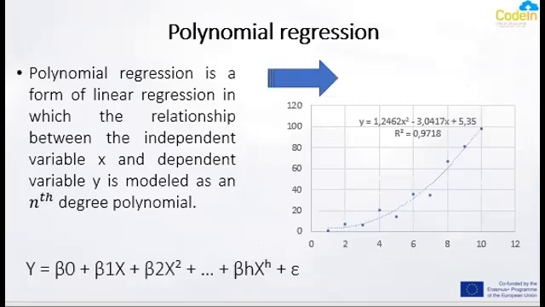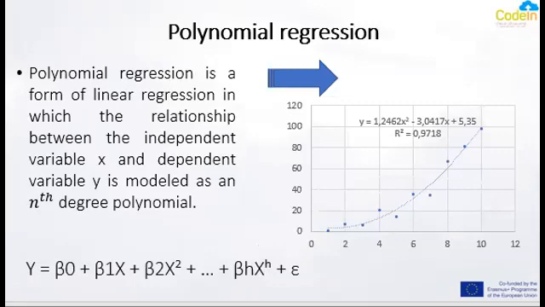Polynomial regression is a form of linear regression that can capture nonlinear relationships between variables by fitting a nonlinear regression line, which may not be possible with simple linear regression. It is used when linear regression models may not adequately capture the complexity of the relationship.